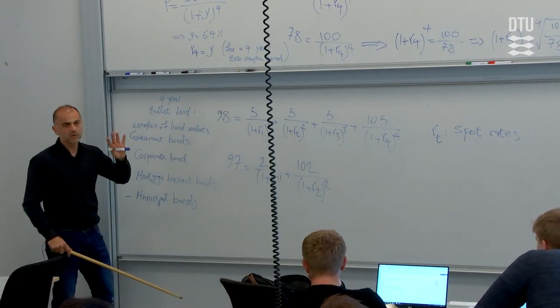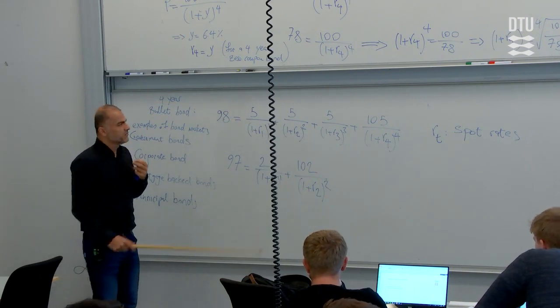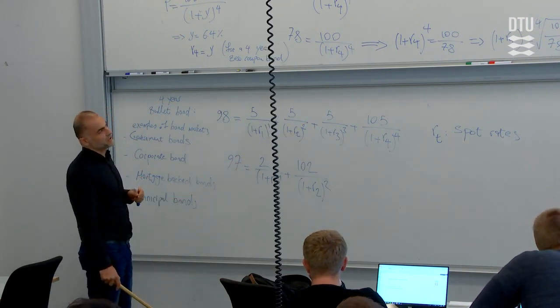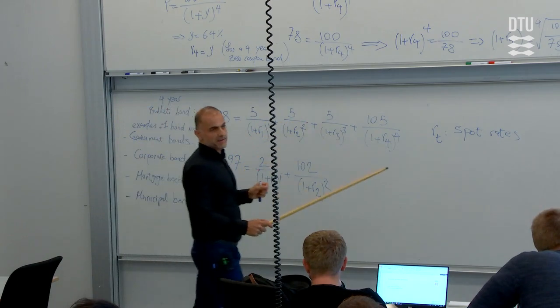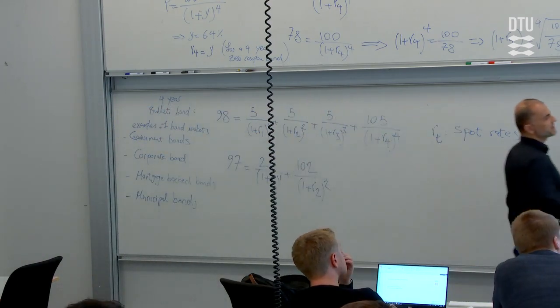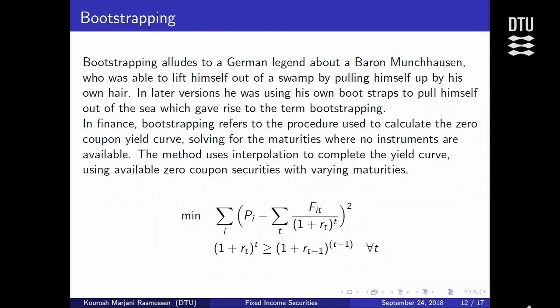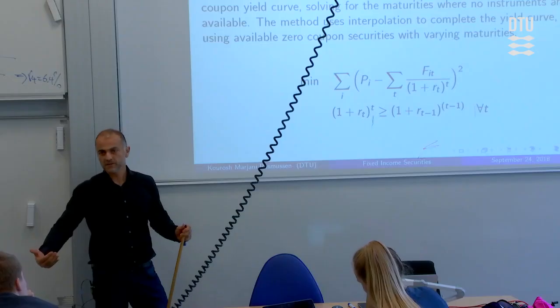But just to make it simple, just to illustrate how the model works, what the objective function tells you is that you have to minimize the difference between the price of the individual bonds and the sum of discounted cash flows for that one. And then you're summing that, and you're minimizing the squared sums of those differences, right? So you're minimizing the squared sums of the differences of prices and the sum of their discounted cash flows.